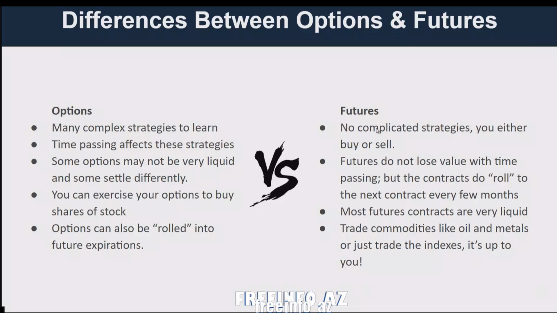With futures, you're buying and selling the future contract, or you can choose to roll them into a future expiration. So you can do a little bit of both with options as well, but there is less complexity to the entire situation. It's simplified by just trading the futures.